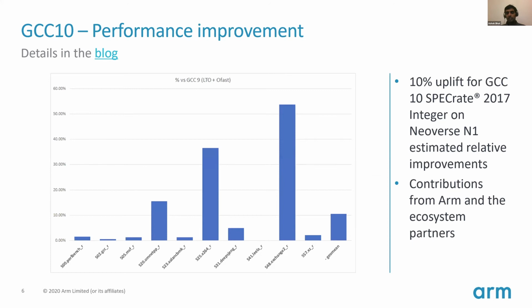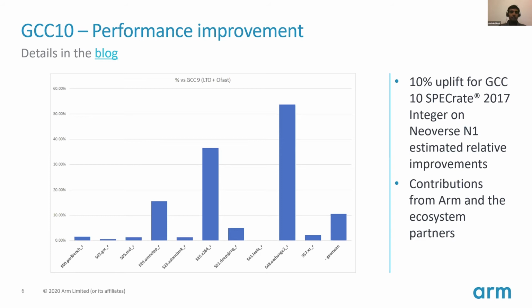And this is on Neoverse N1. We've seen a similar kind of uplift on other platforms. And roughly half the contribution came from ARM and the other half came from partners, specifically Ampere in this case. And it's been one of the big movements. I think in absolute terms, 10% is what we might have got over the last few years.